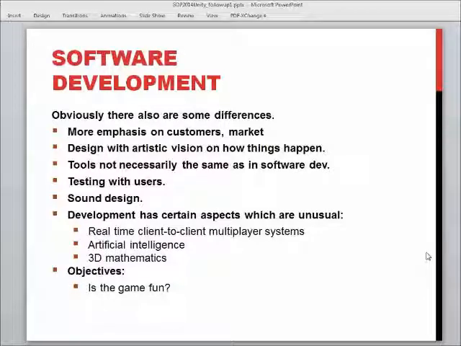Also artificial intelligence and 3D mathematics. Like I said, 3D mathematics and 3D models are not that common in software development, and the artificial intelligence here does not mean the sort of intelligence that Amazon.com or Google search engine systems have, where they build a profile about you and see what sort of things you like, with this sort of profiling and guessing work.